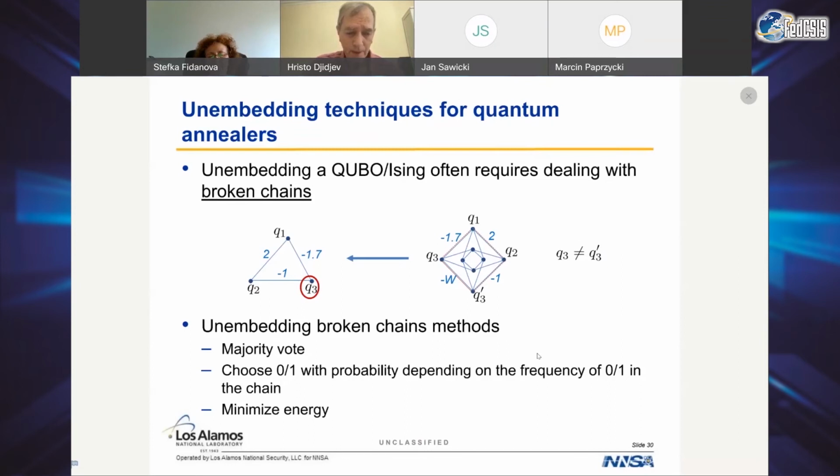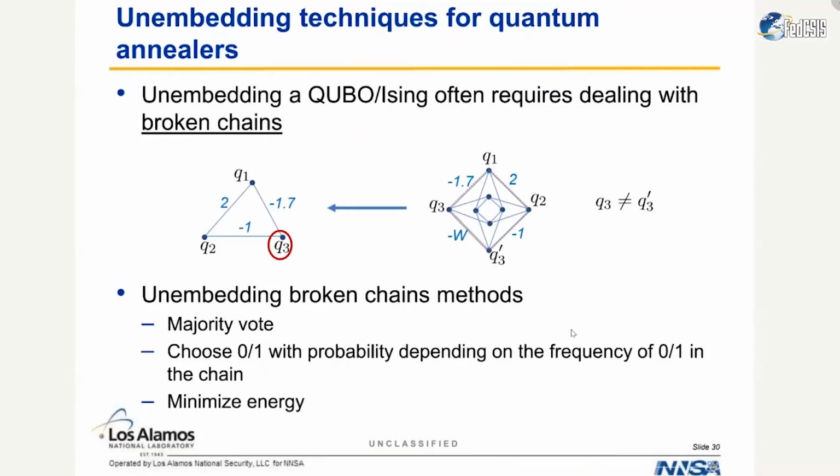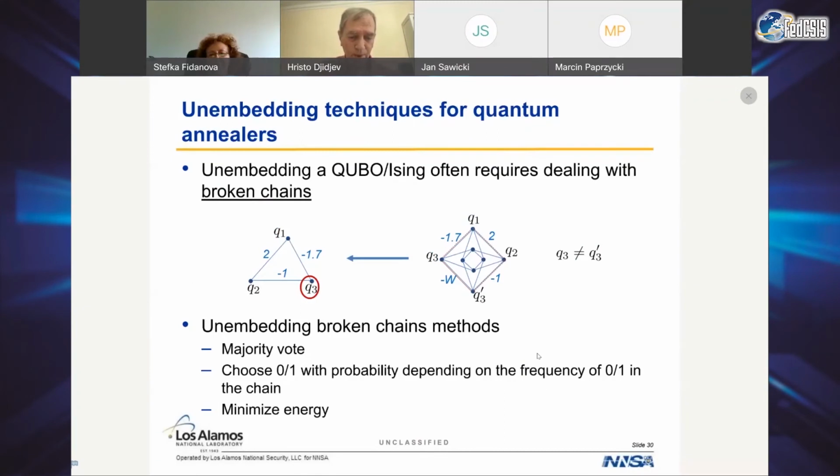Another method is probabilistic. So we choose 0 with probability proportional to the number of zeros, and 1 with probability proportional to the number of ones. So it's kind of a probabilistic version of the majority vote. And we have a version which is minimizing energy, where we decide for each qubit based on greedy optimization. We choose the value that best improves the value of the objective function without that qubit. Okay, next slide.